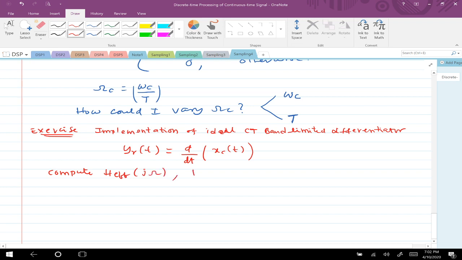And for that, within that, if I am doing it through a discrete time processor of response h of n and H of e power j omega, what should that be in the frequency domain? What should that be in the time domain?